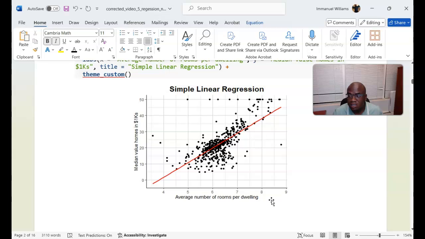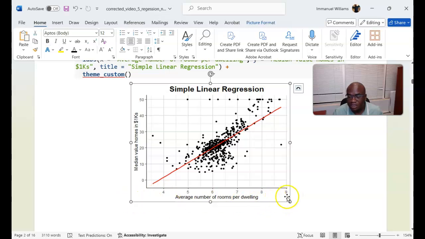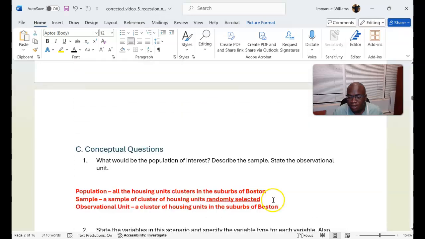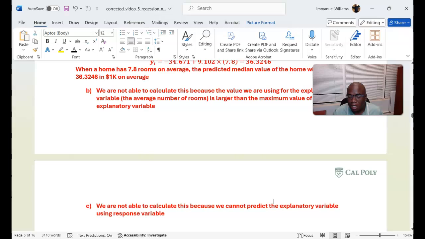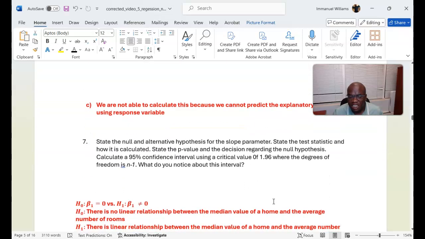Let me say that again slower: 7.8 needs to be within the min and max of your explanatory variable. As you can see, it is, so therefore you can make that prediction. When it's not, you should not make that prediction, because you're trying to extrapolate based off of information that's not there.